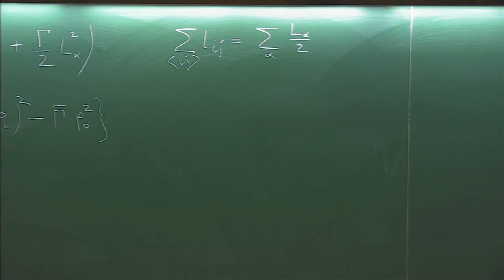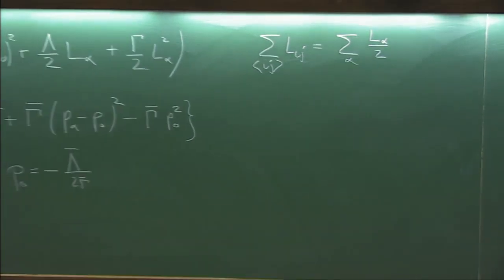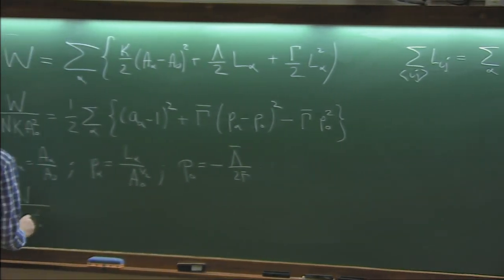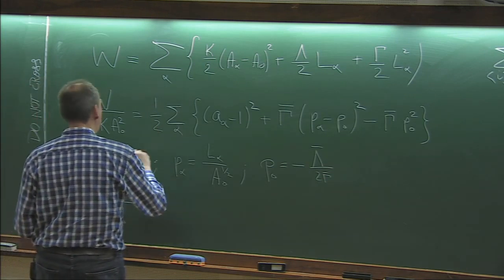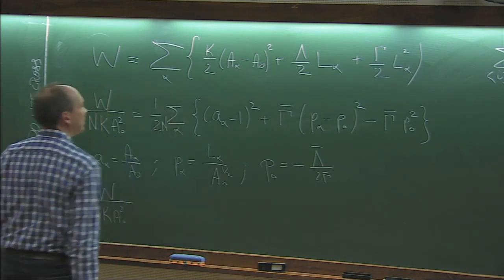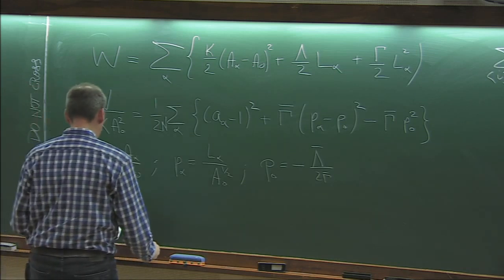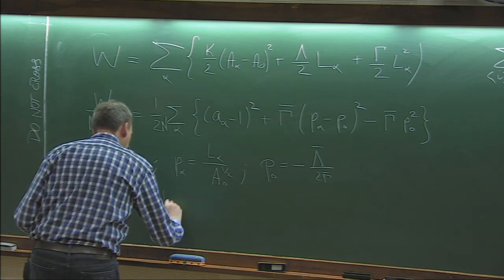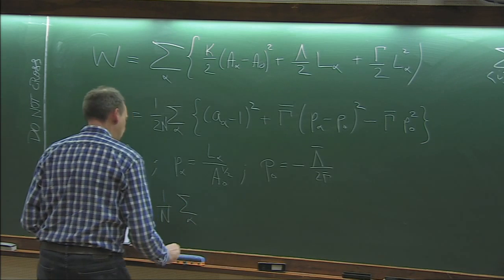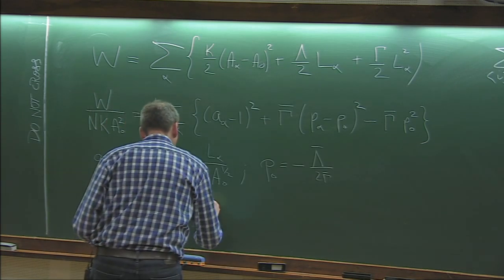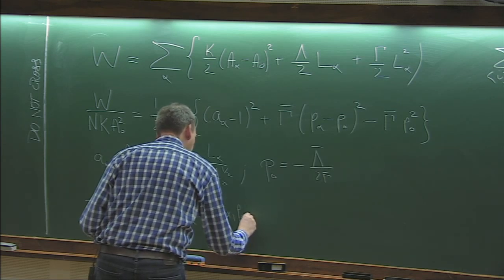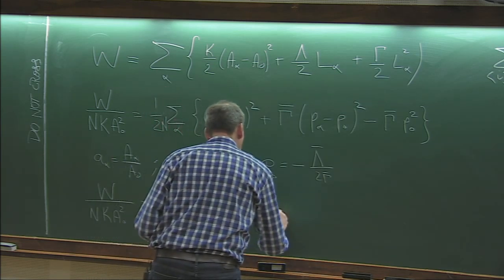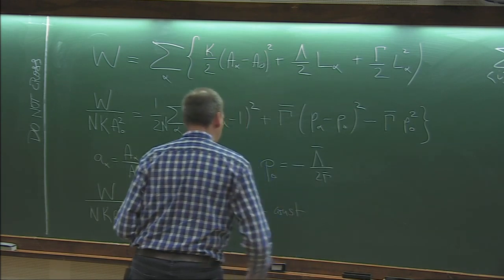So, and now I write this as, there's a 1 over n missing. 1 over n, I have it. I write this as 1 over n, sum over all cells. Now I introduce a dimensionless function E of area and perimeter. And then I have a constant which is unimportant when I minimize.